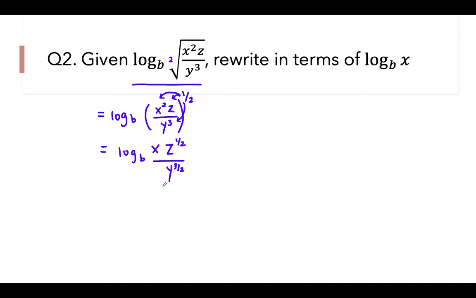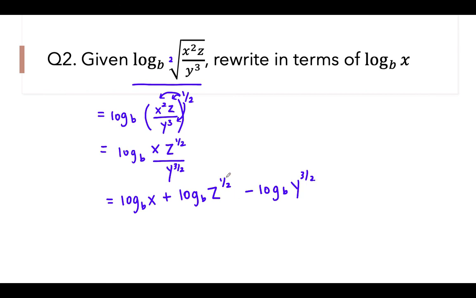And then it equals, so I can separate it: log to the base b of x, because it's multiplying, plus log base b of z to the 1 over 2. And then it's dividing, so minus log base b of y to the 3 over 2.